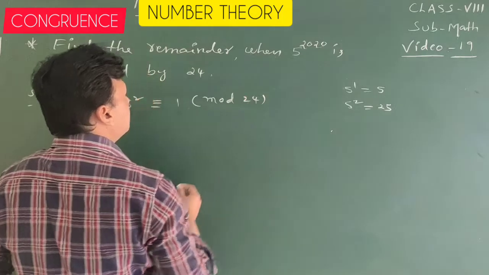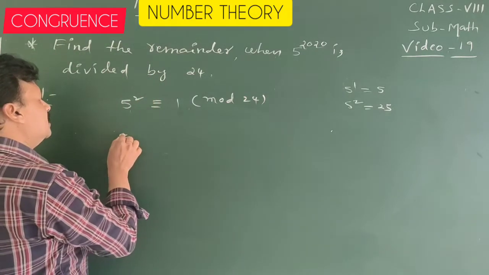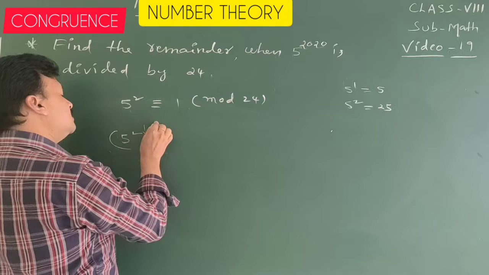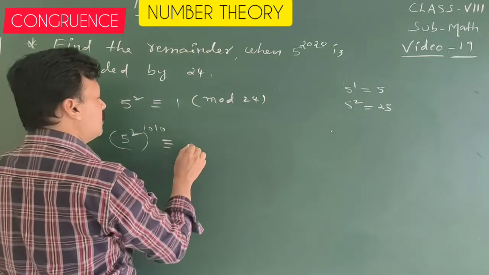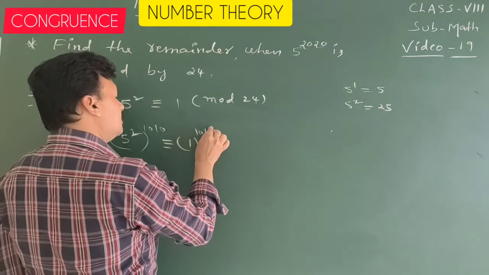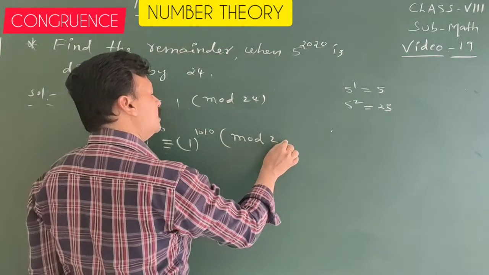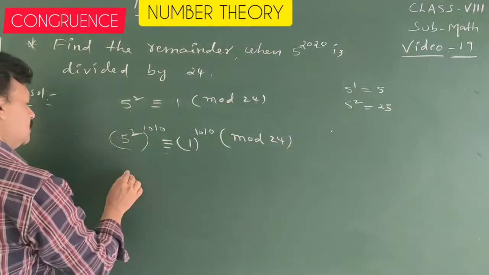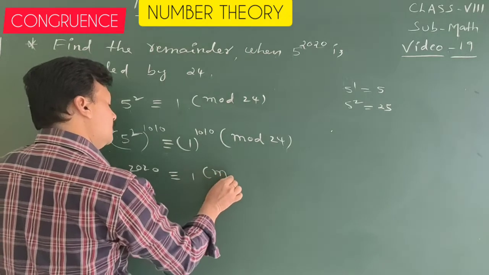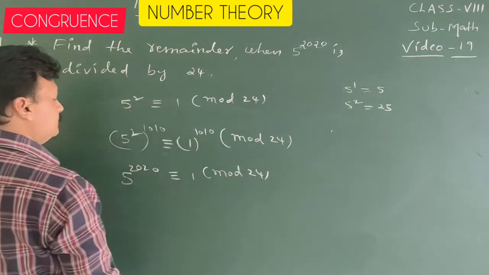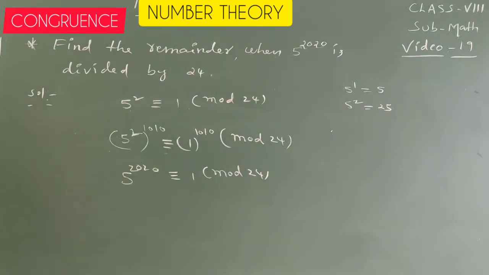So we require 5 power 2020, meaning 5 squared whole power 1010 gives 2020, is congruent to 1 power 1010 to the mod 24. So here 5 power 2020 is congruent to 1 to the mod 24. So the required remainder is 1.